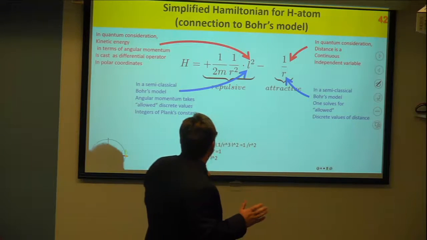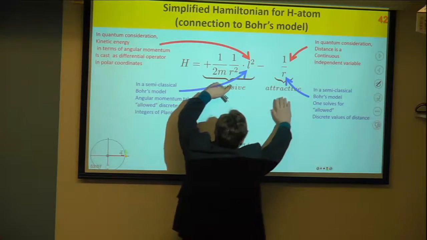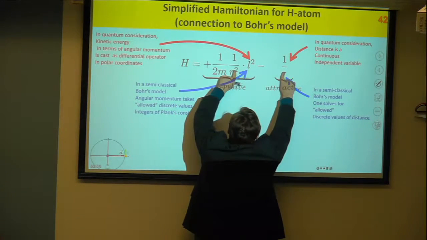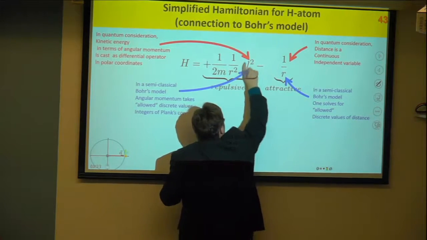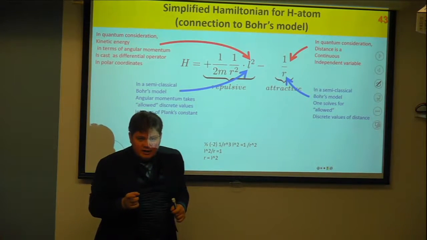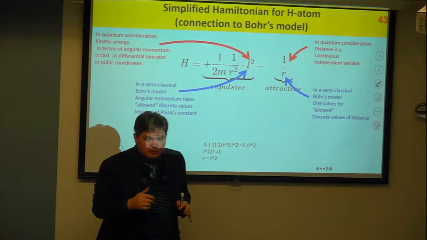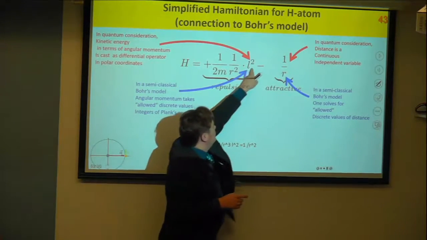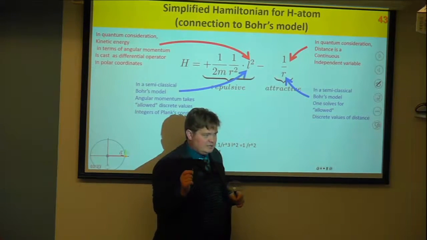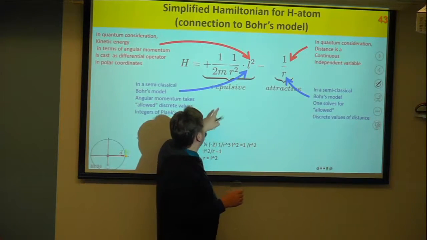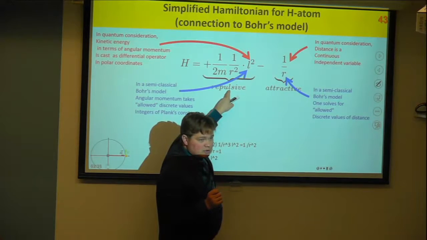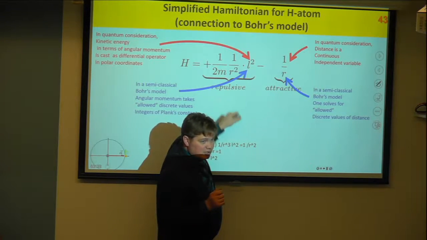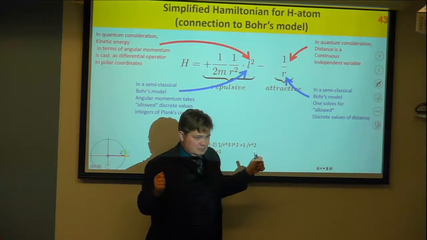So we would consider potential that has attractive and repulsive part, but depending on amount of angular momentum, the repulsive part will be stronger. The quicker it rotates, the larger the angular momentum, the stronger proton and electron are repelled from each other.